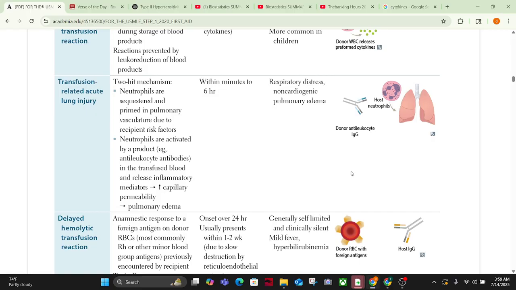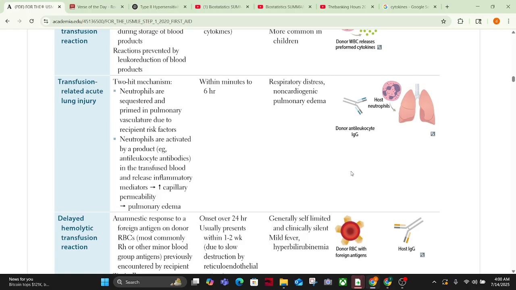And this is due to anti-leukocyte antibodies from the donor's blood. So the donor's blood has something known as anti-leukocyte antibodies, which are antibodies against neutrophils.